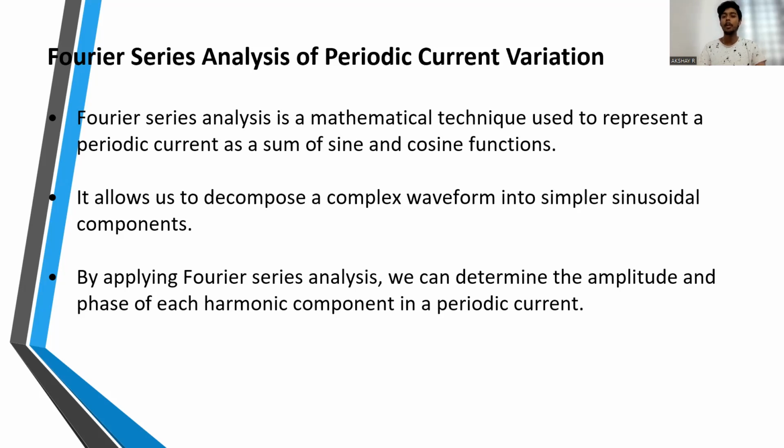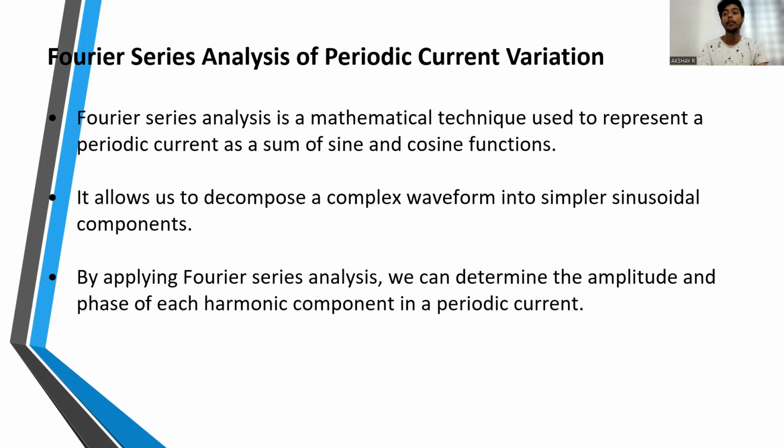It allows us to decompose a complex waveform into simpler ones, easily understood using sinusoidal functions or components. By applying Fourier series analysis, we can determine the amplitude and phase of each harmonic component in a periodic current. So first, we understood what a Fourier series is: a technique used to represent a periodic current as a sum of sine and cosine functions.